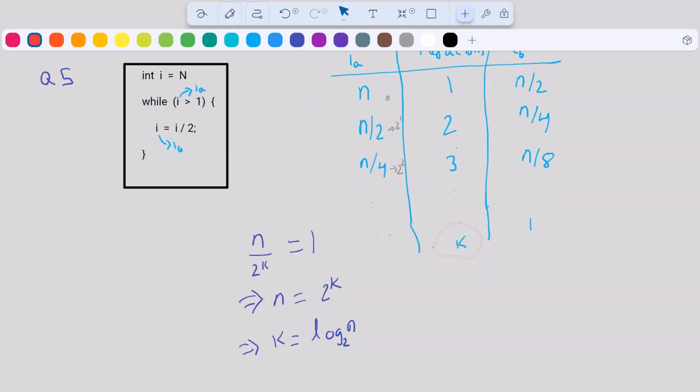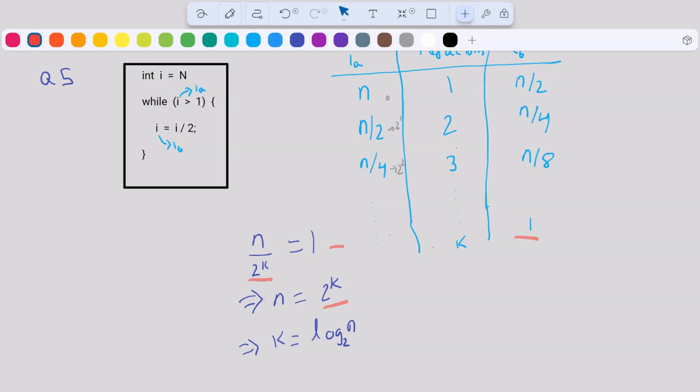Now, for our convenience, instead of writing n divided by 2 to the power k minus 1, for a bigger loop we can just write it as n divided by 2 to the power k, and it is equal to 1. So n will be equal to what? 2 to the power k.